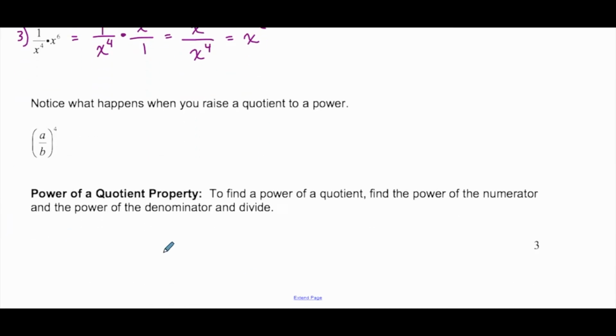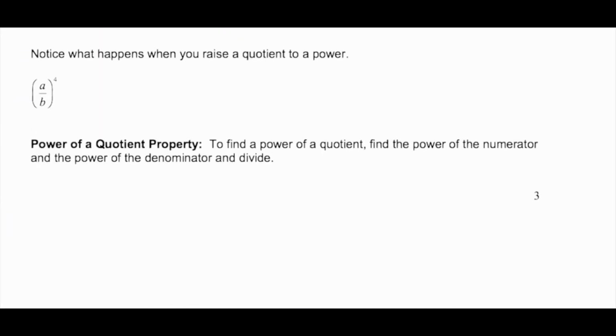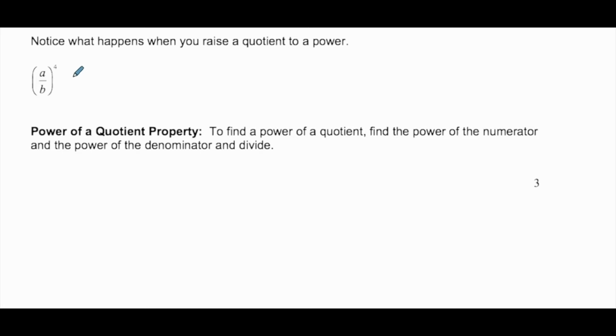There's a similar thing that happens with quotients. You've seen it when you've had to square a fraction. When you raise a quotient to a power, because here I'm doing a over b to the 4th, I have a over b times a over b times a over b times a over b.